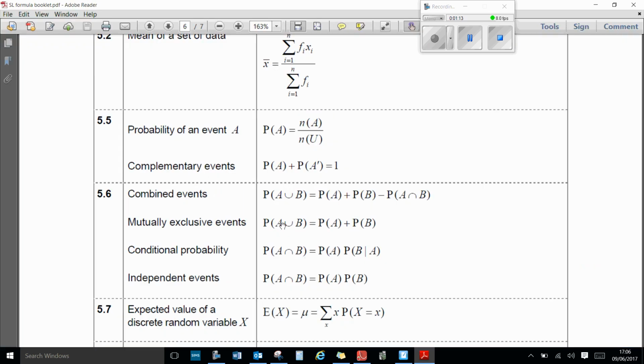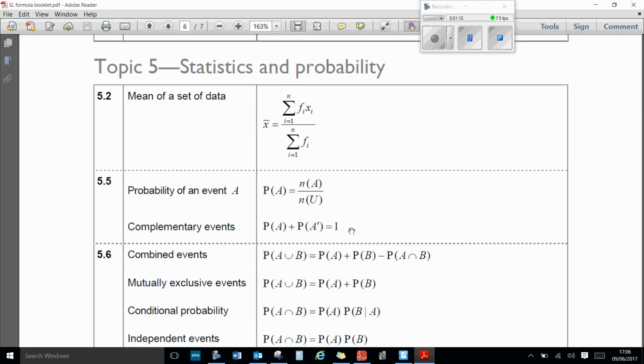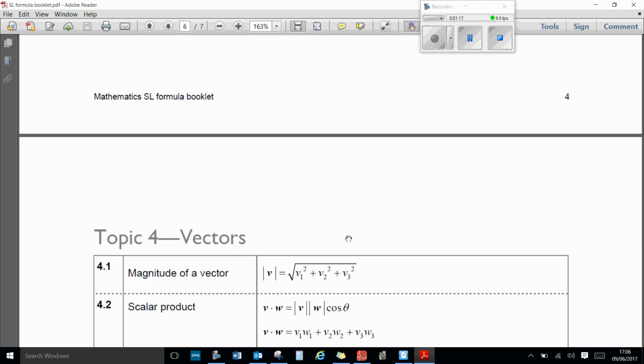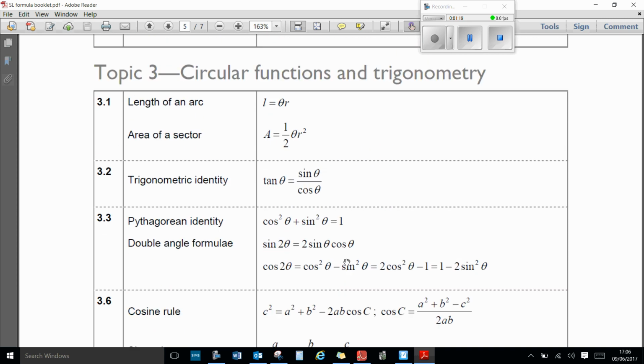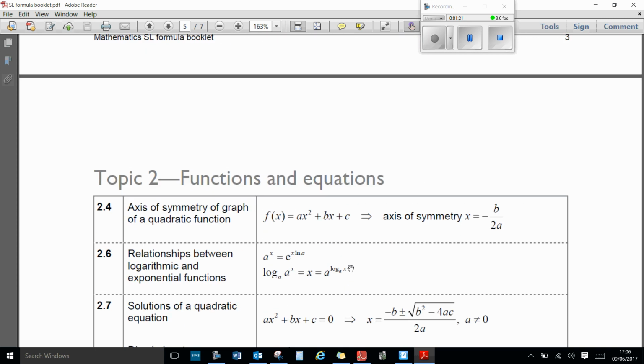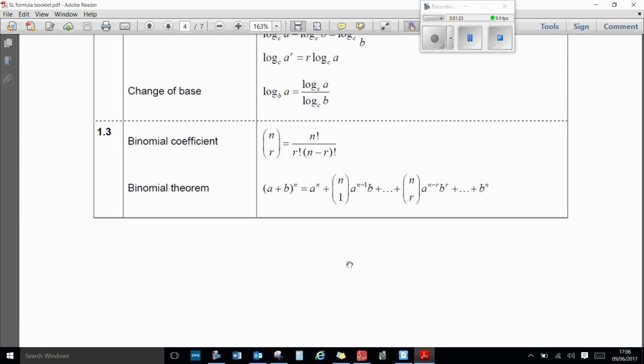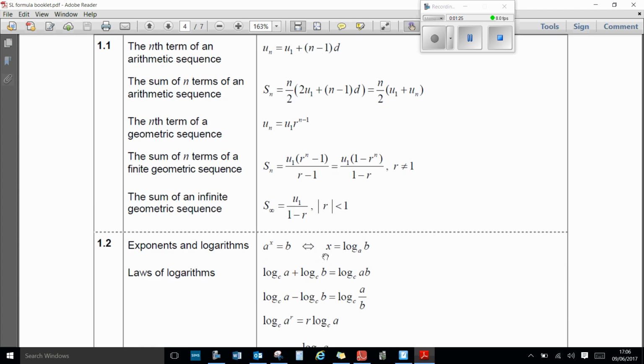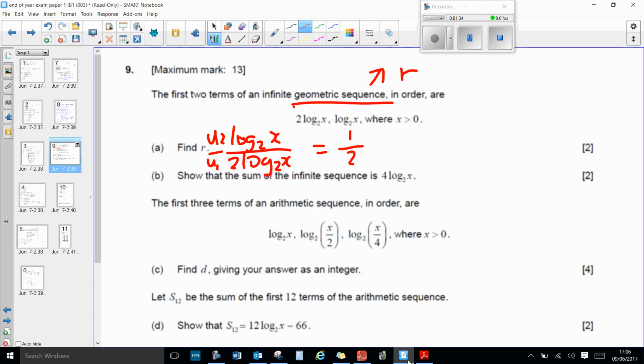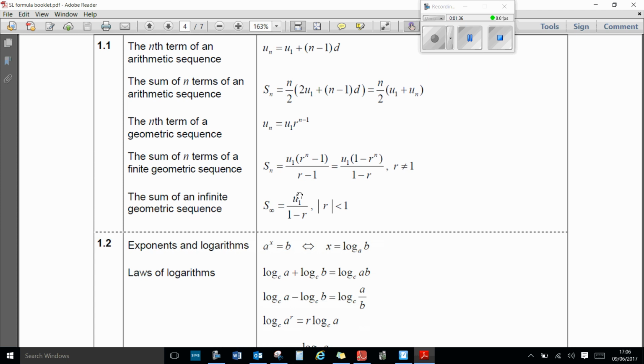Okay, so let's find the sum of an infinite geometric sequence. Is that what they've asked us for? Yep, the sum of the infinite geometric sequence. So we're using this formula here.